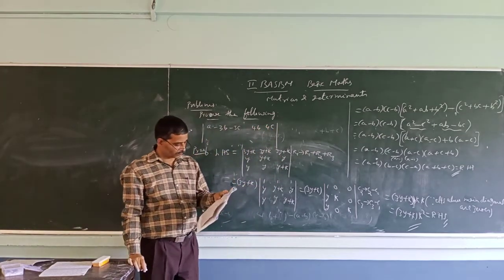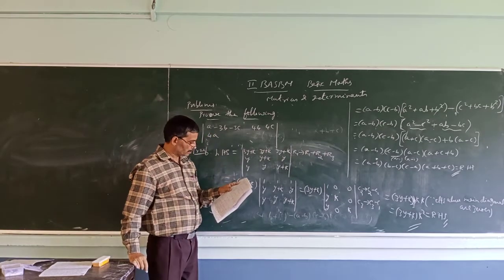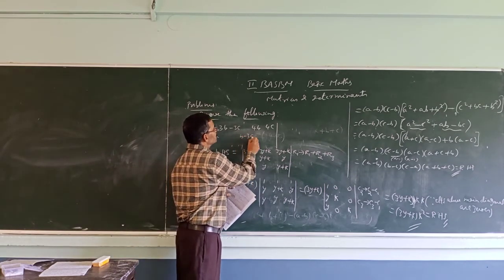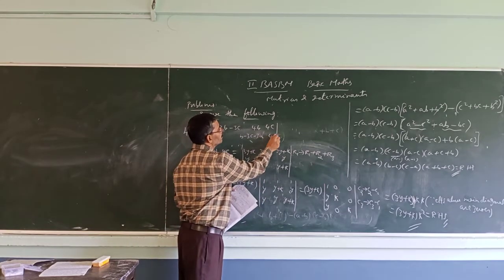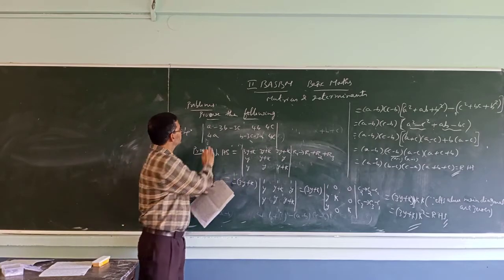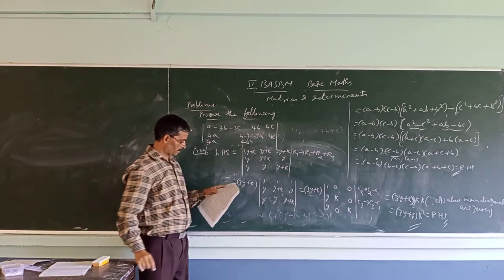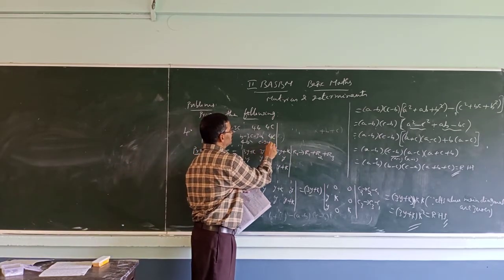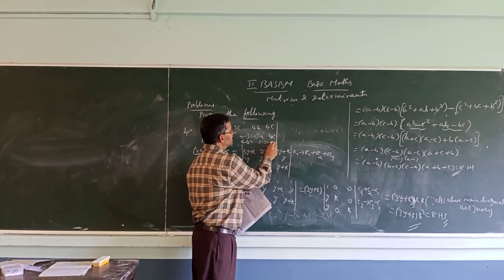Next, 4a, b minus 3c minus 3a, b minus 3c minus 3a. Last one, 4c, again one more line, 4a, 4b, c minus 3a minus 3b, c minus 3a minus 3b.